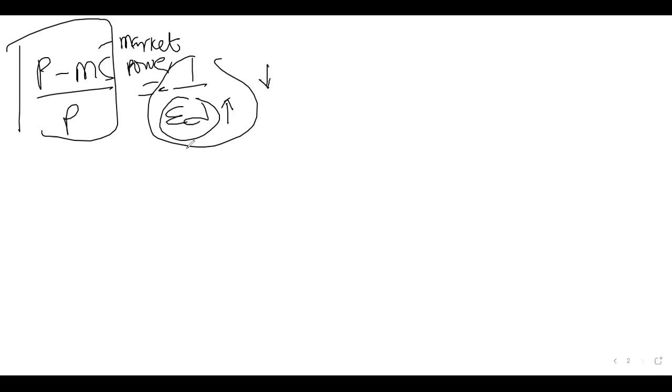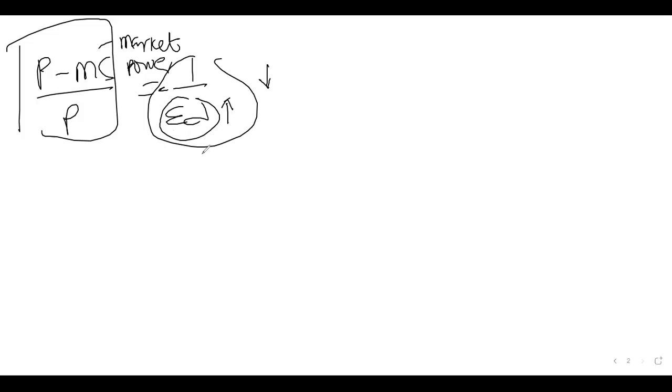All right. And if the elasticity of demand reduces, what it means is that the entire fraction will begin to increase, because the denominator of the fraction is decreasing. So if elasticity of demand is decreasing, it means that we are approaching inelastic.